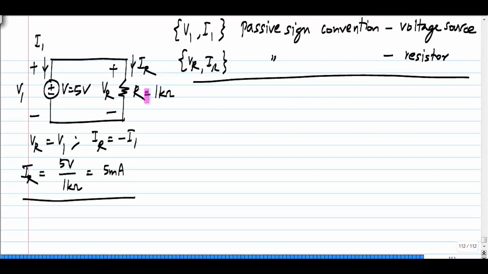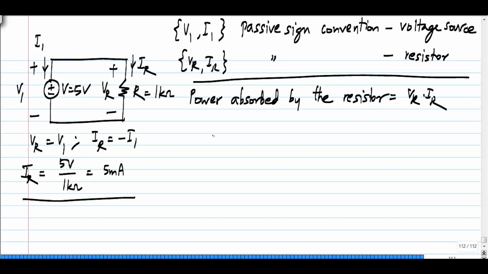So, now what is the power absorbed by the resistor? It is V R times I R, which is 5 milliamps times 5 volts, which is 25 milliwatts. Okay. So, let me also write it here.